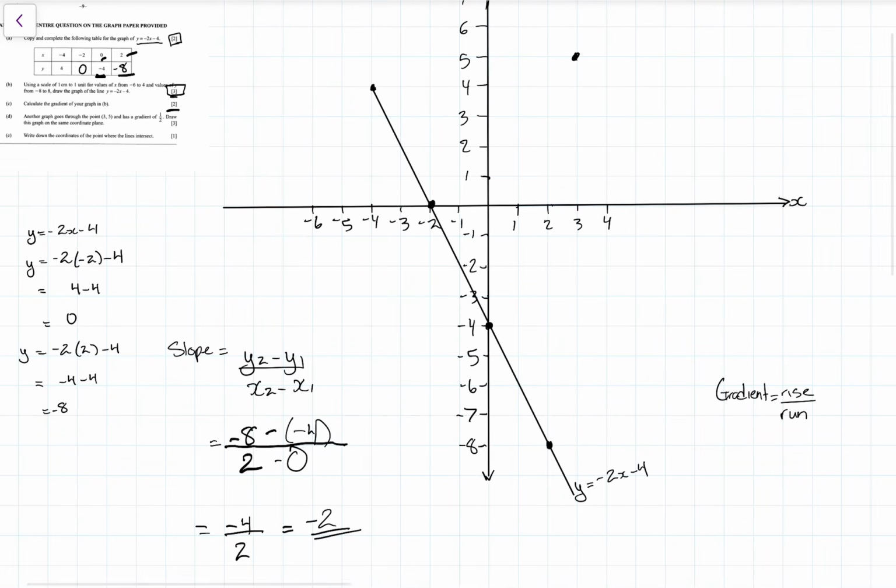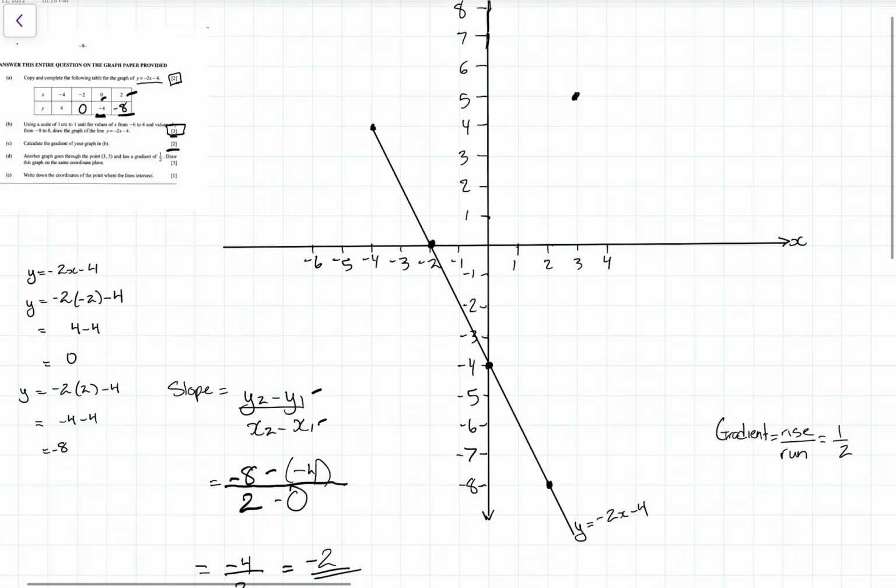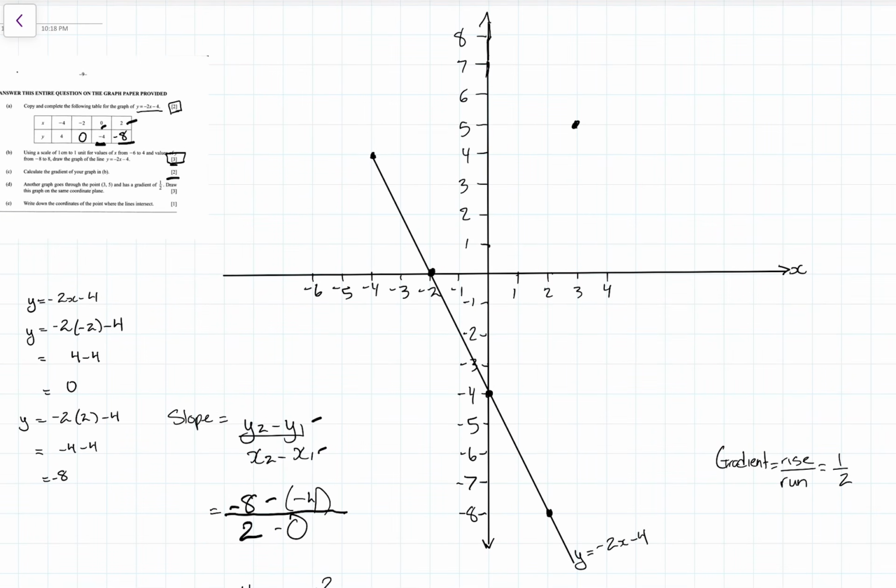Rise over run is the same thing as y2 minus y1 over x2 minus x1, because y is the rise and x, of course, is the run. And it says that the gradient is 1/2, which means that because the 1 and the 2 are both positive, we're going in the positive y direction and the positive x direction, in which the positive y direction is up and the positive x direction is to the right. So we're going to count up once and to the right 2 times, which will be right here. And we can continue doing that.